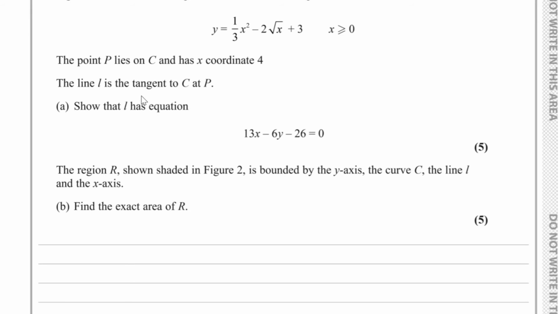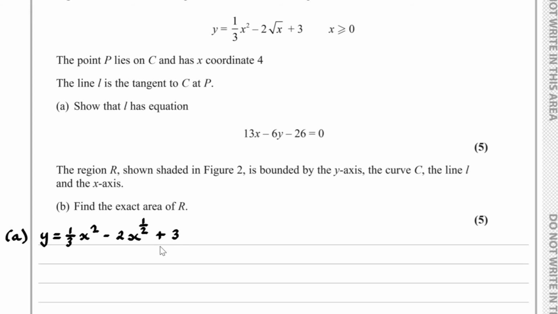Well, if L is a tangent to C at the point P, that suggests to us at some point we need to differentiate. Now, before we differentiate, let's rewrite the equation for y as y equals 1/3 x squared subtract 2x to the power of 1/2 plus 3.